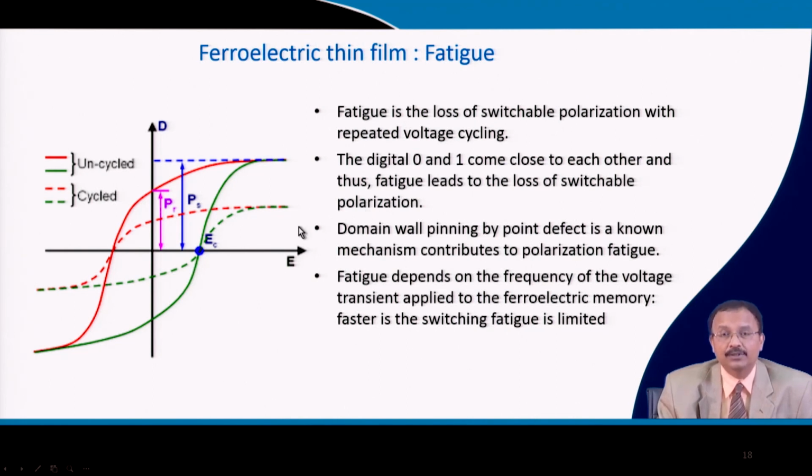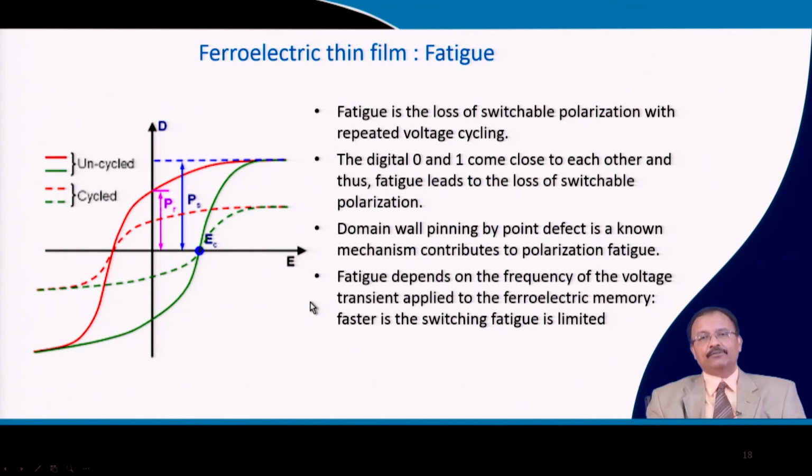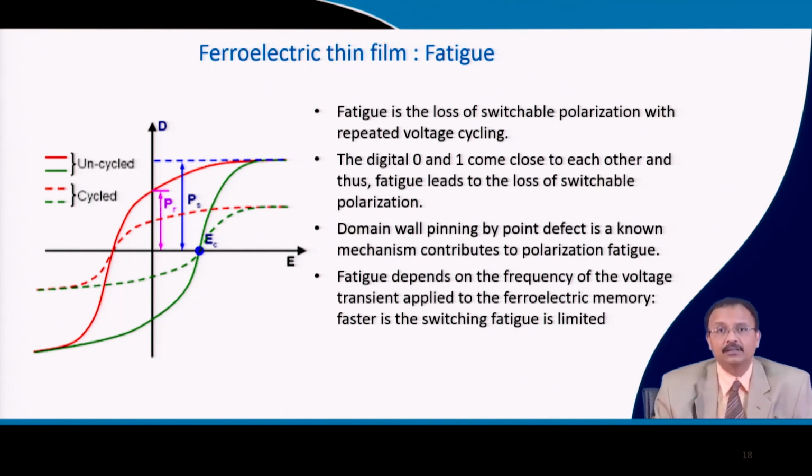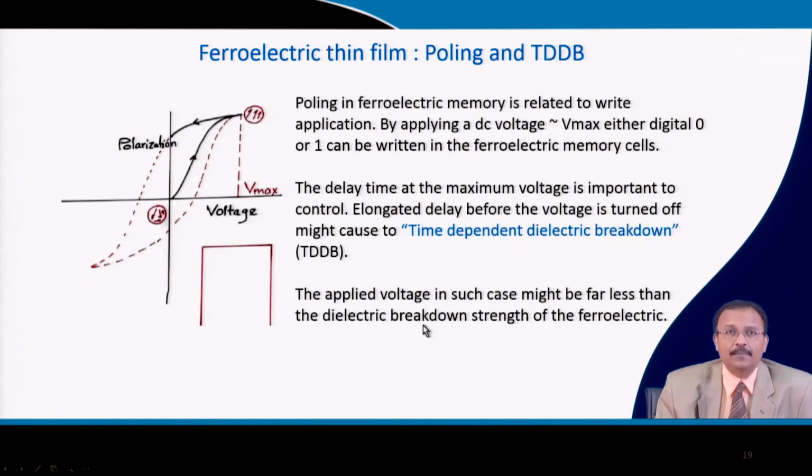So, usually, as we understand, the domains in this kind of ferroelectric material, as I explained, are pinned by the point defects. So, domains cannot switch, and therefore it fatigues. So, progressively domain switching is retarded for the fatigue to take place. So, this is one prominent defect for the ferroelectric materials.